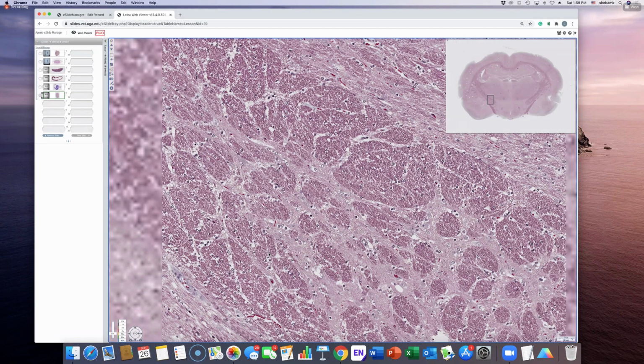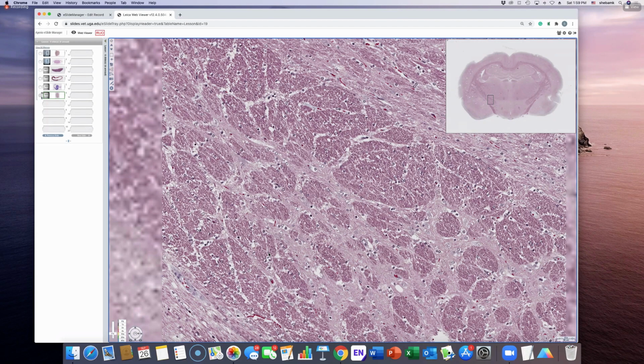Fascicle? A fascicle is just a bundle. It could be a muscle fascicle or a nerve fascicle. But in the central nervous system, in the brain and the spinal cord, what would you call a bundle of axons running together? A tract.